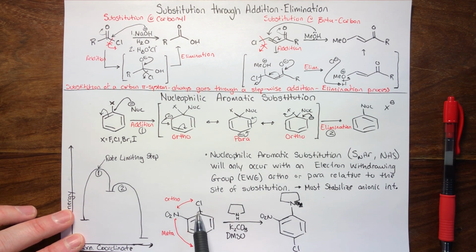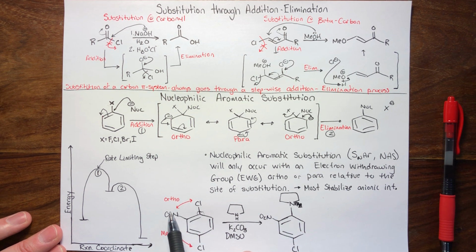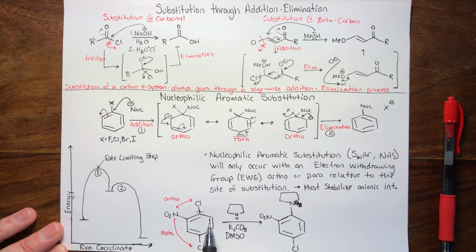So the substitution will only occur here because when that happens, the anion or the intermediate will be stabilized by the electron withdrawing group. If the substitution occurs here, that intermediate is not going to be stabilized by the electron withdrawing group because it is in the wrong position relative to that leaving group.